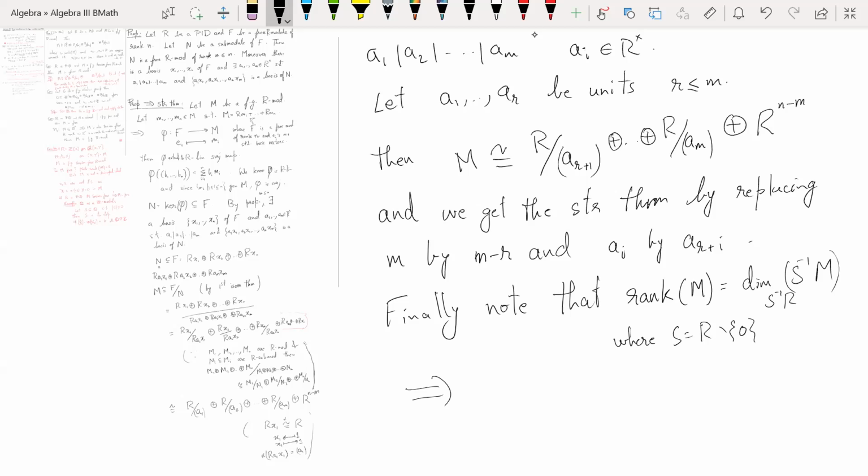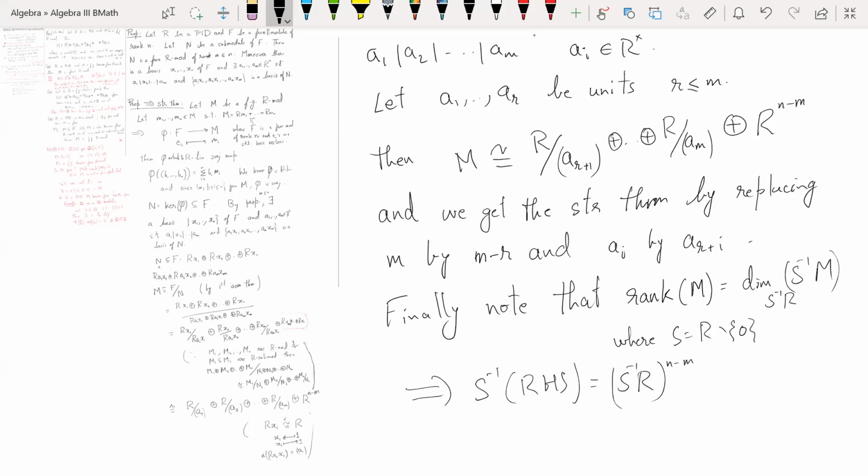This implies S inverse of the right hand side is precisely S inverse of R power n minus M, because AR plus 1 to AM are non-units. These are torsion.